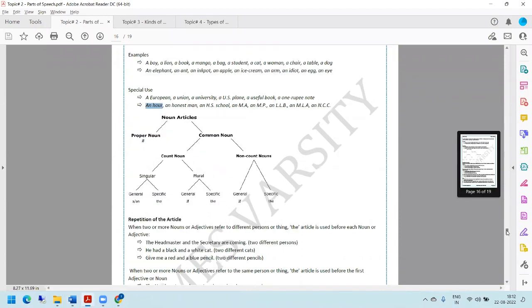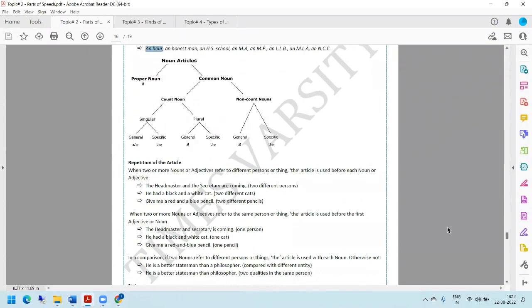Now there is some repetition of the article. When two or more nouns or adjectives refer to different persons or things, the article is repeated. Why should I pronounce this "the" as "thee" or "thuh" in this sentence? Anyone?